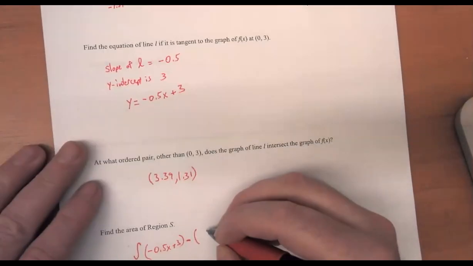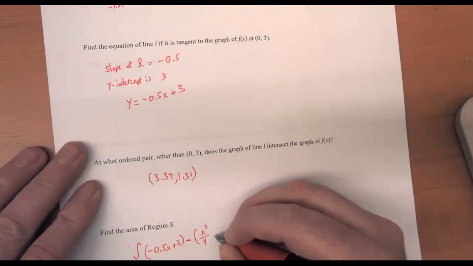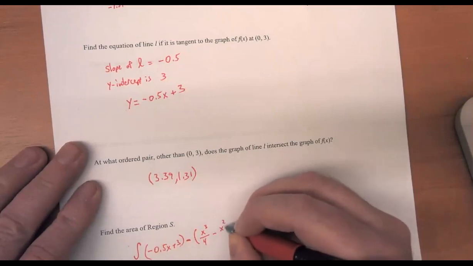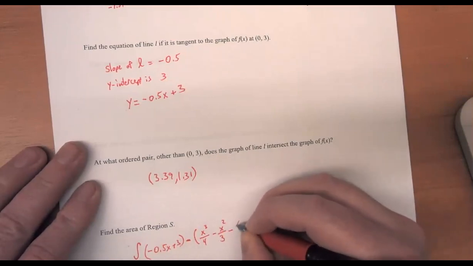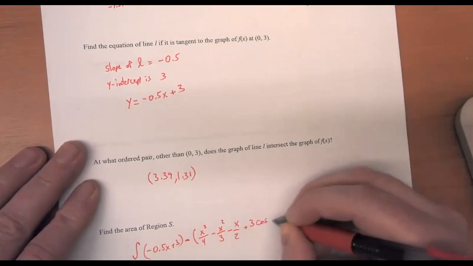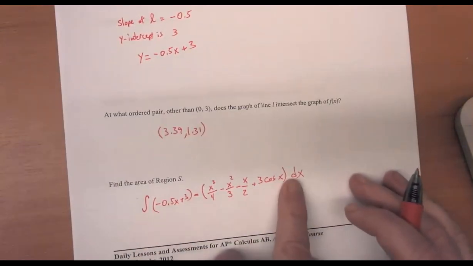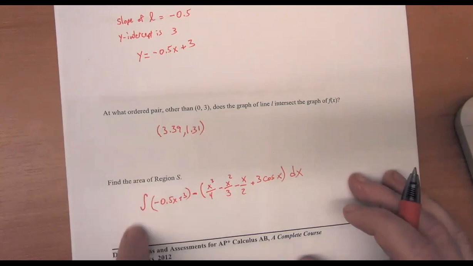All right, so that's x cubed over 4 minus x squared over 3 minus x over 2 plus 3 cosine of x dx. All right, so that's awesome, except that we need to know the bounds of integration here.